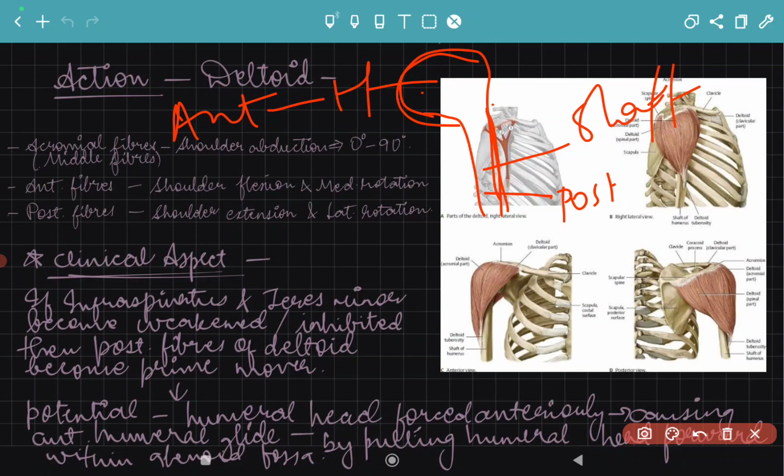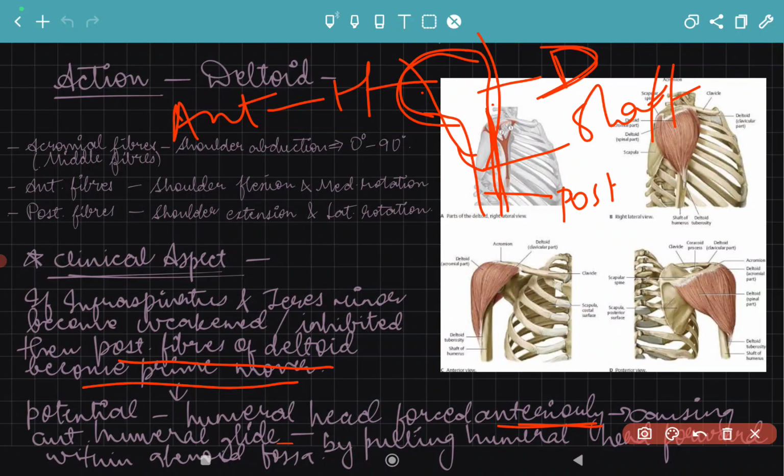So similarly, when the deltoid muscle works, the posterior fibers of deltoid will become the prime mover. In case of inhibited infraspinatus and teres minor, there will be potential for humeral head to be forced anteriorly, to glide anteriorly, because of the force exerted by posterior fibers of deltoid, as they are becoming the prime mover. So that will cause anterior humeral glide, as we saw just now.